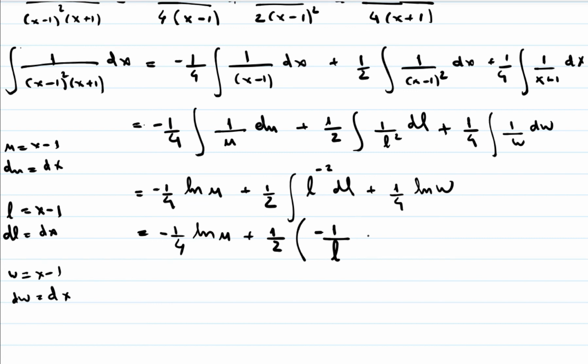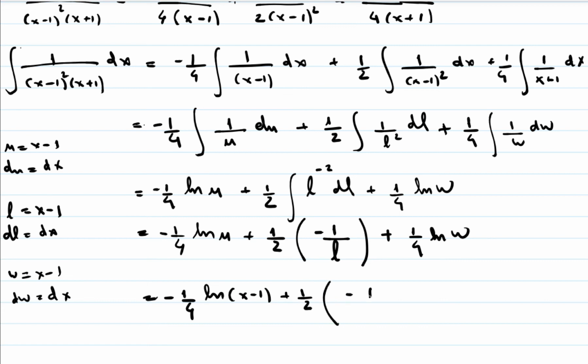Fine. And then we close this here, and then you're going to have here plus 1 by 4 natural log of w. We know that our u is x minus 1, so this is going to become natural log of x minus 1, plus 1 by 2 into minus 1 divided by L. L is x minus 1.